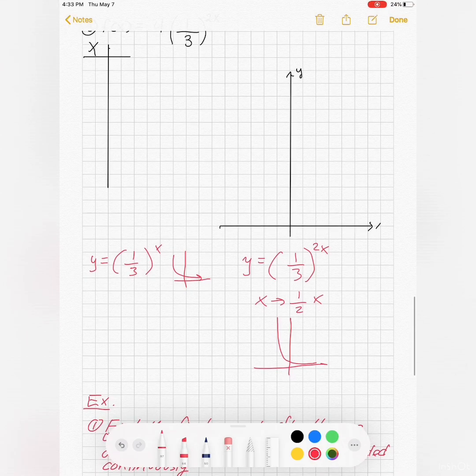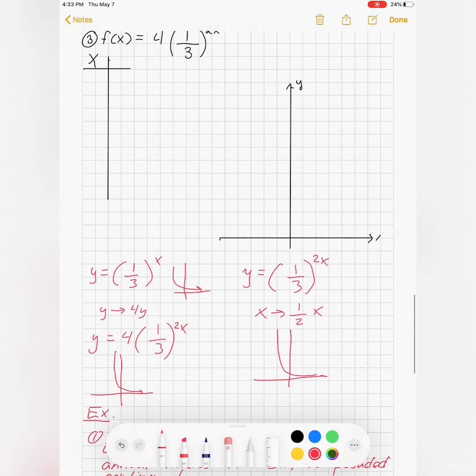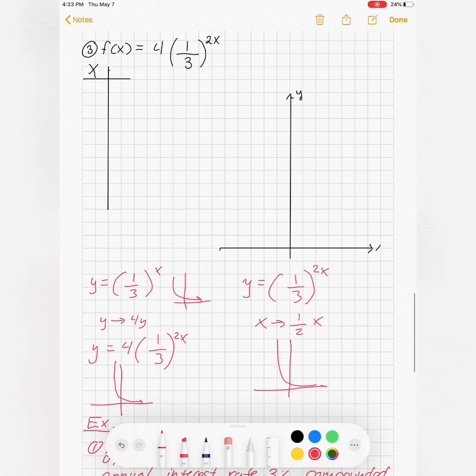And then would I have to multiply the whole function by 4? That's multiplying the y's by 4. It's a vertical stretch. So again, the graph gets even skinnier. Okay, so really roughly, it's going to look something like that. Okay? But no shifts. So there are no shifts.